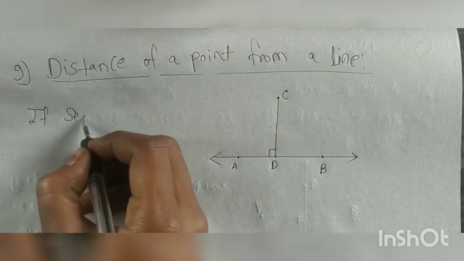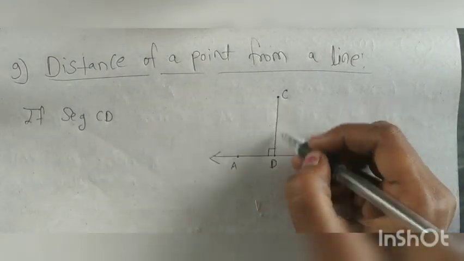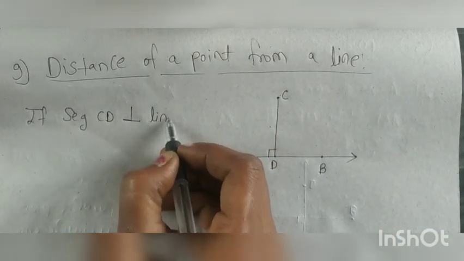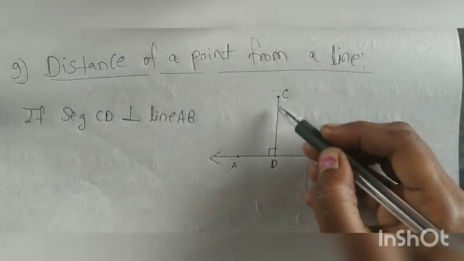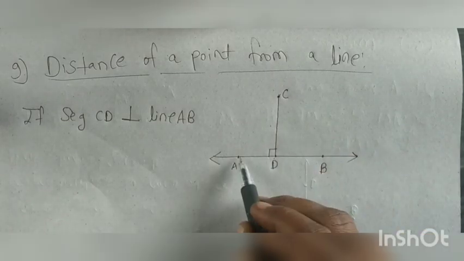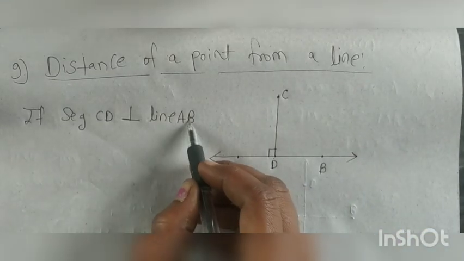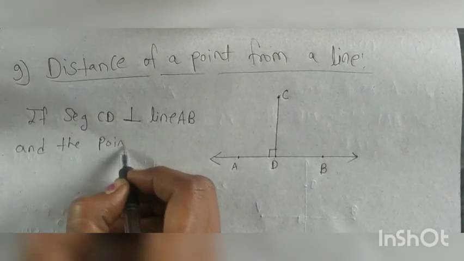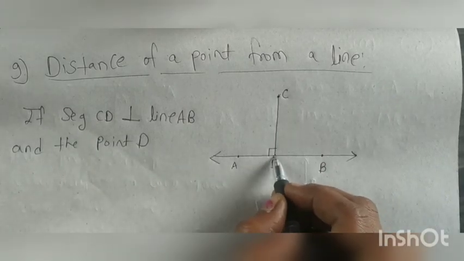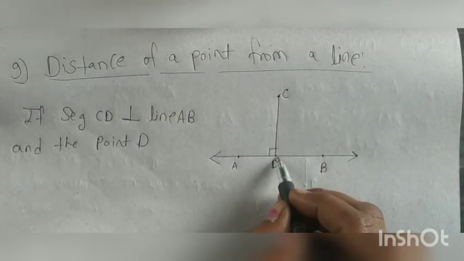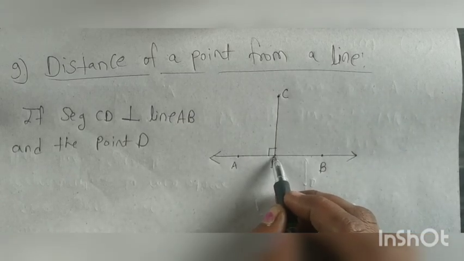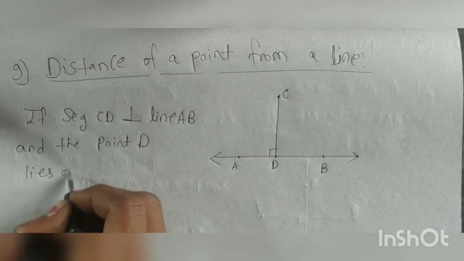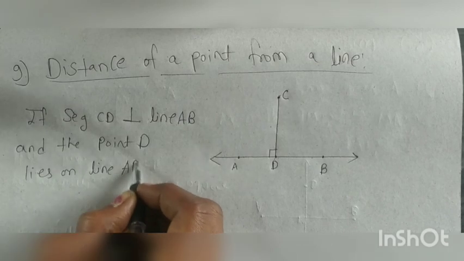Segment CD is perpendicular to line AB, and the point D lies on line AB.